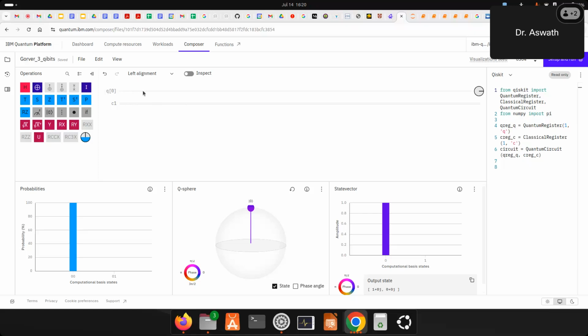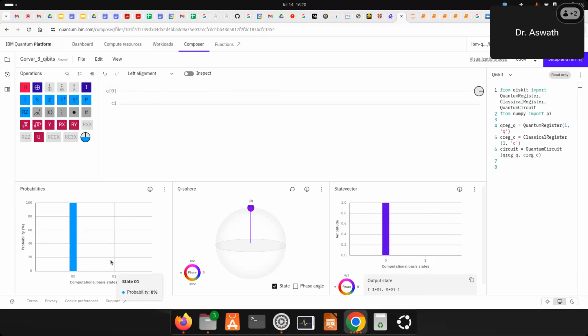Now let's say I have a quantum bit state. In the IBM Quantum Experience portal, every qubit state starts from zero by default. That is what you see here, the state vector representation where zero has 100% probability, that is, probability amplitude one.